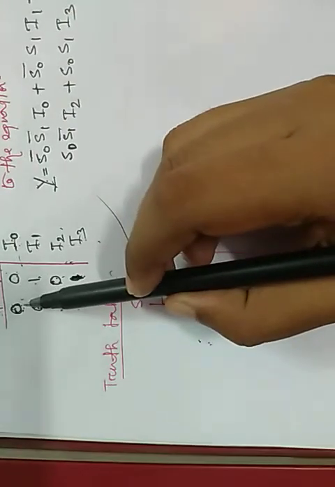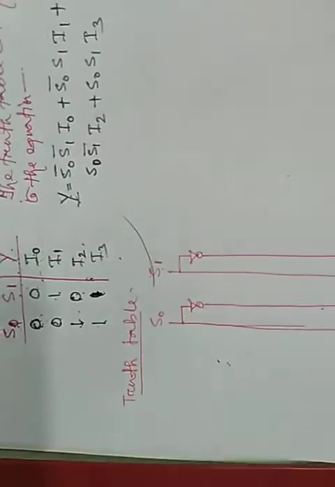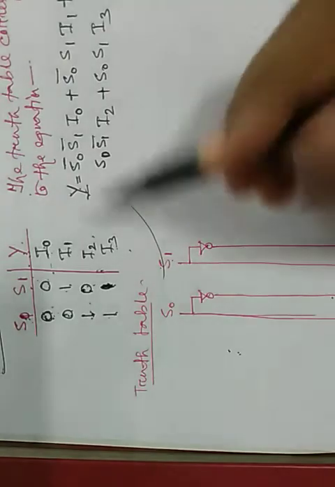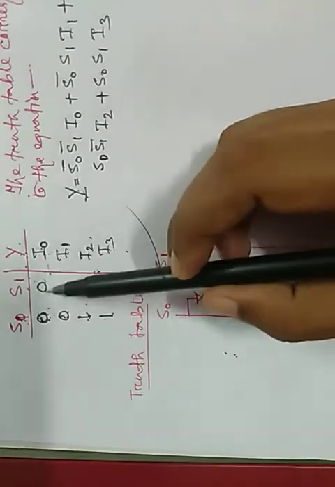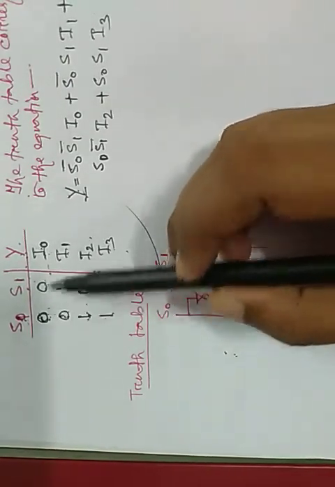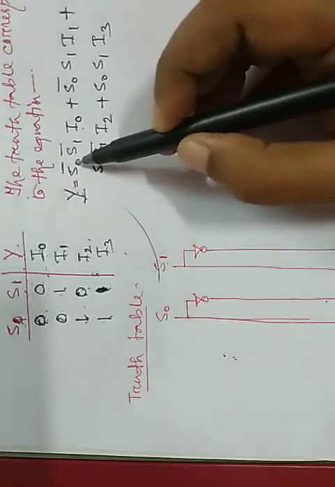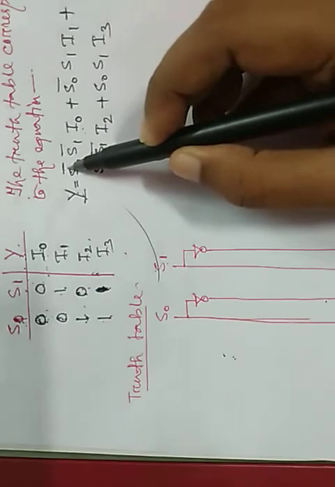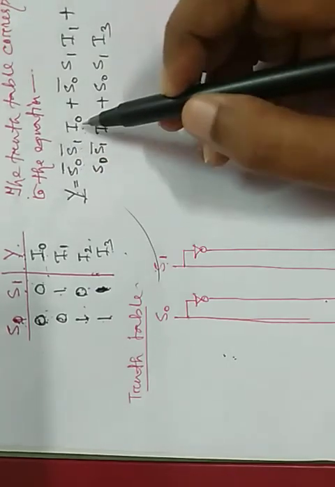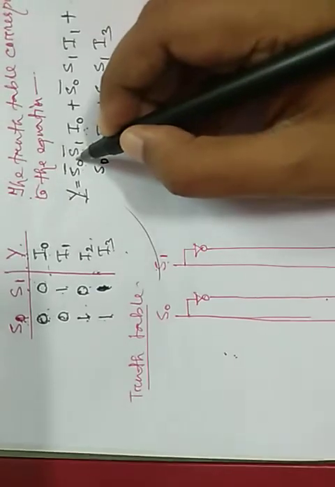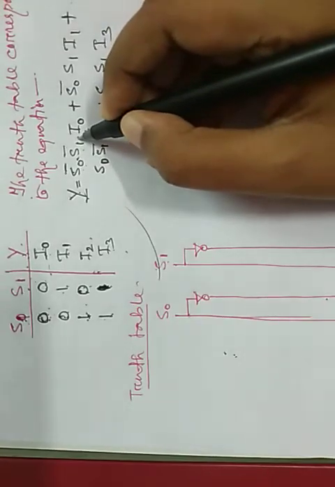Now let us draw it this way. I0 is combined with 0 0, just follow how it is drawn. In this expression we need S0 bar, S1 bar and I0, and this is an AND operation.